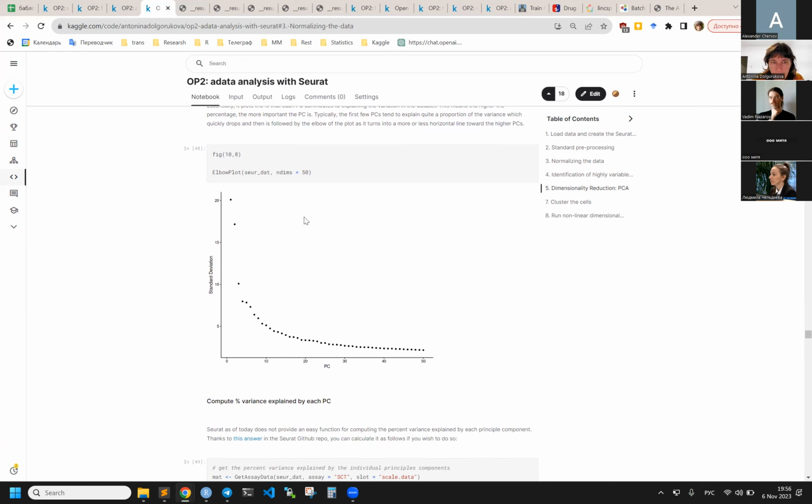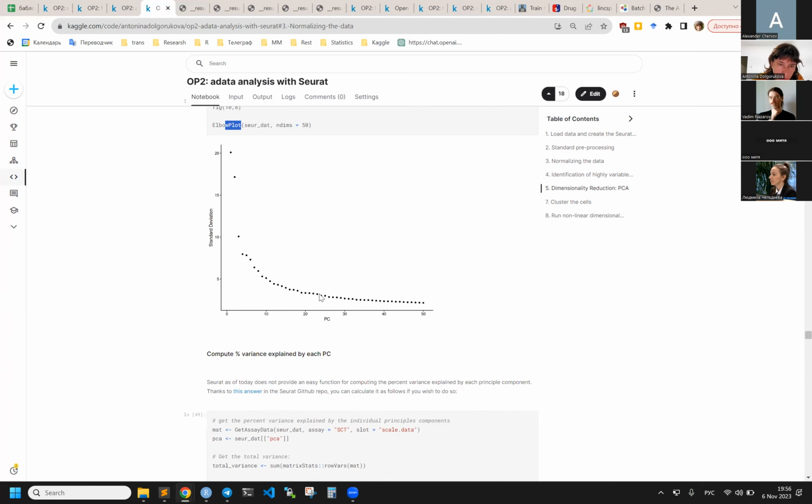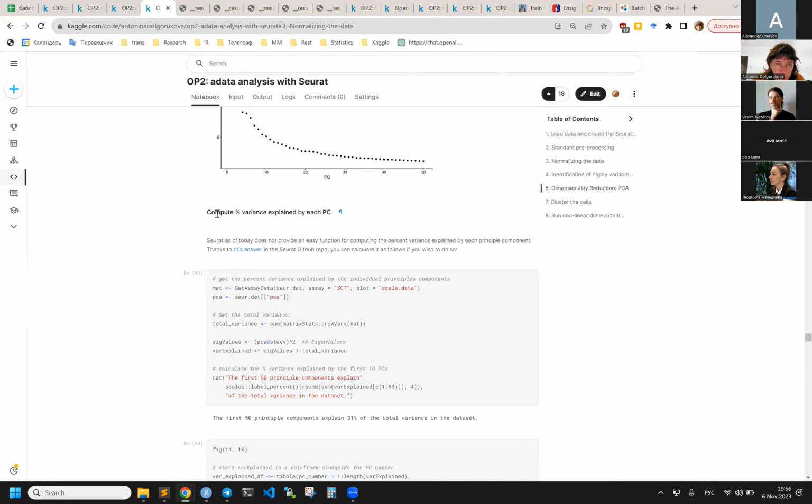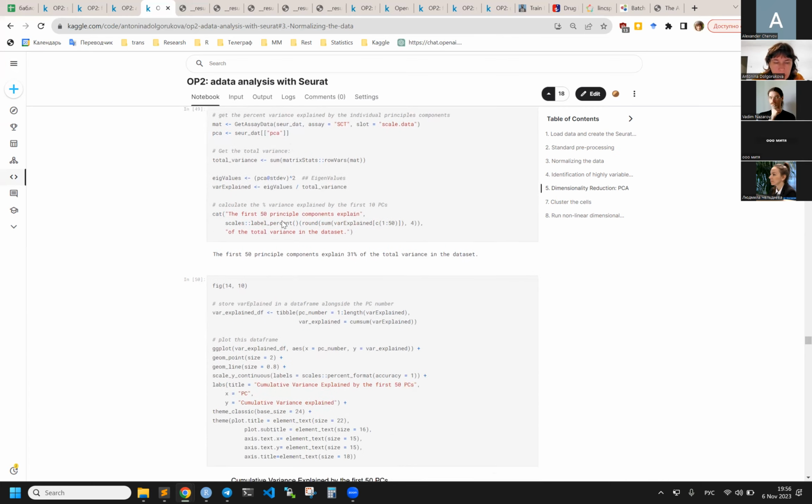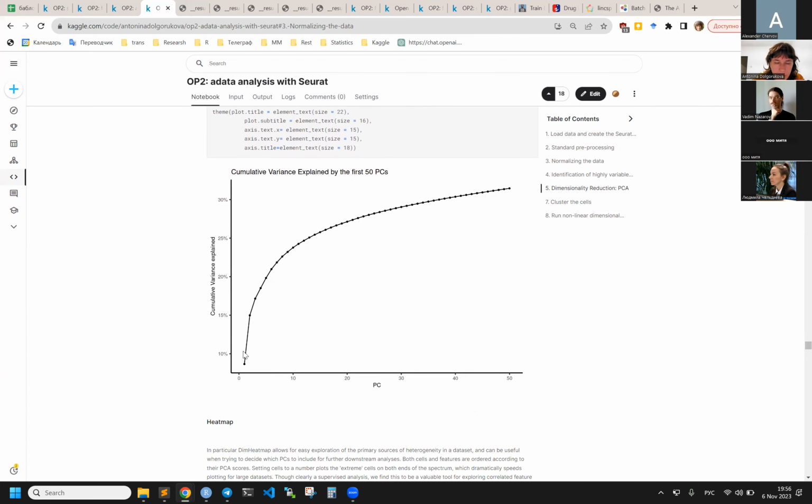There are several ways, like an elbow plot, showing the standard deviation of principal components, and we see that maybe 4 principal components have high standard deviation, and after this it becomes lower. Another way is to compute the percent of variance explained by each PC. It's a way to choose how many principal components to select.